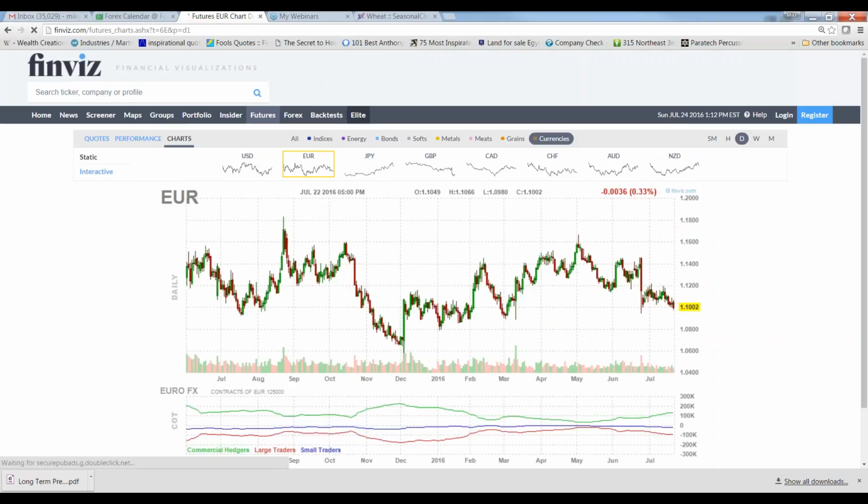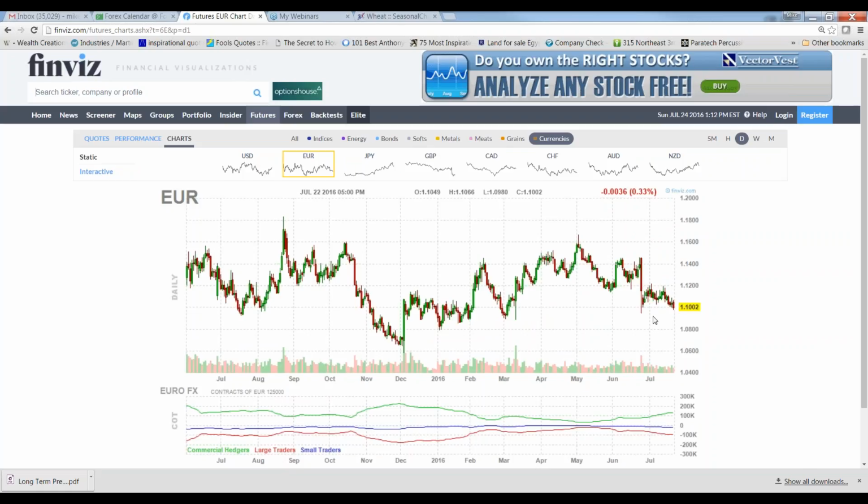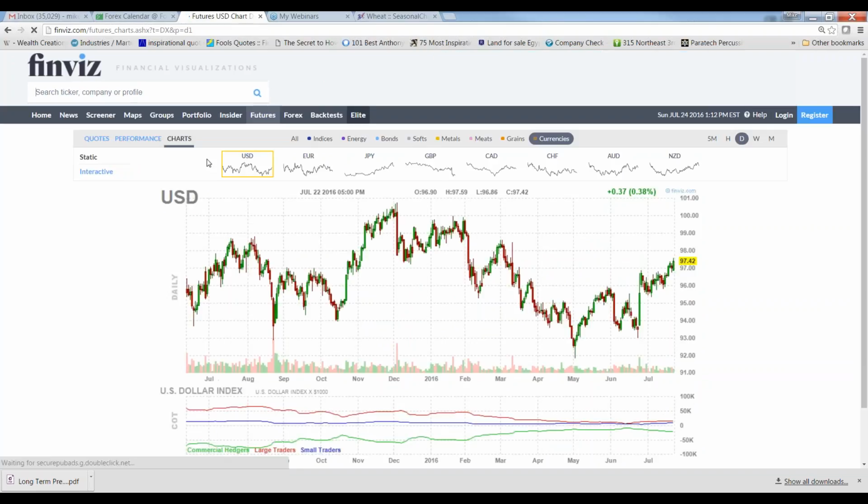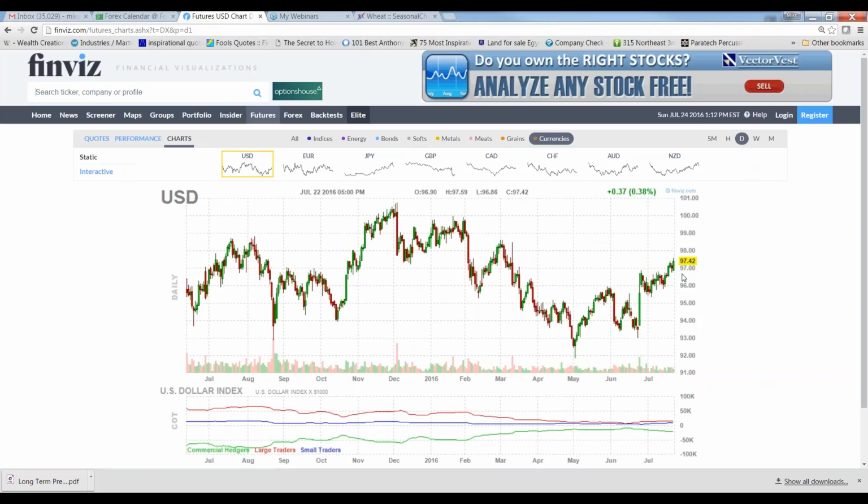The euro is very weak, and we have the structure point at the 110, and we slightly came above it. So we might get a push higher because we didn't really capitulate after Draghi's press conference last week.